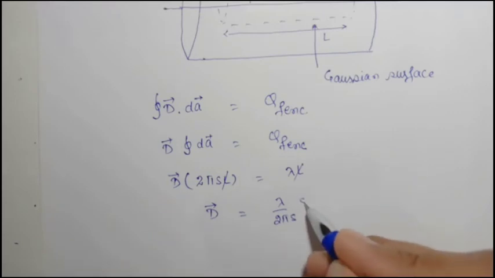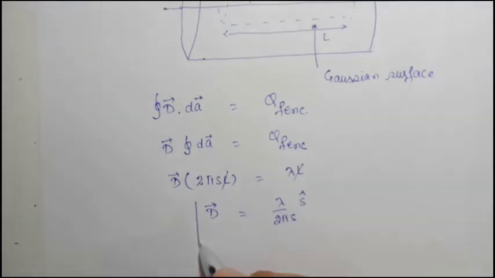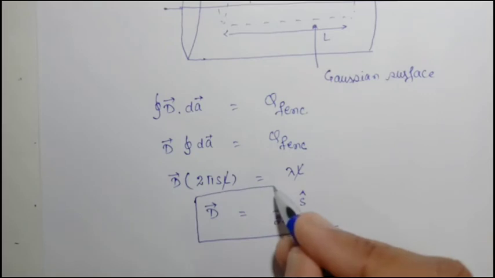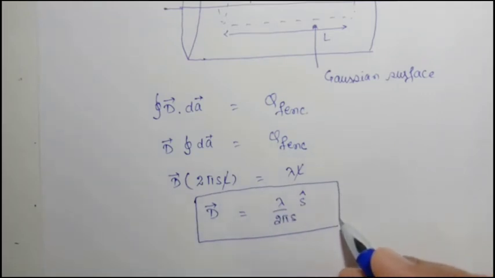Because this is a vector quantity, we can write s cap here. So this is the electric displacement.